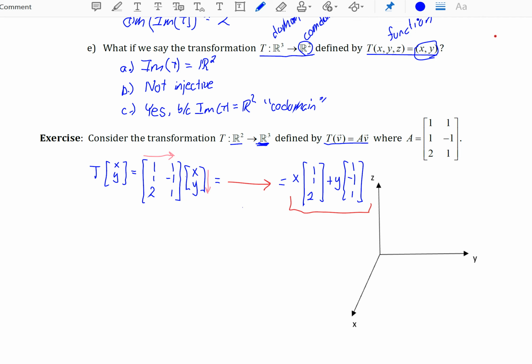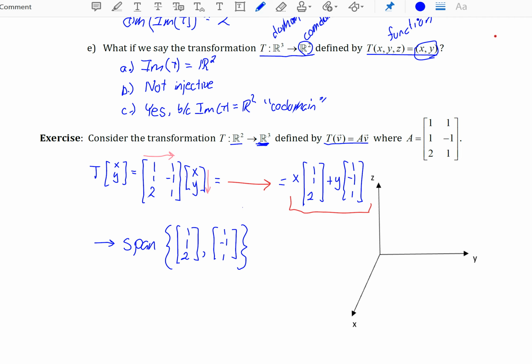Now, using this terminology, another way to talk about the image of this transformation is to say that it's equal to the span of these two vectors. Remember, the span is all possible linear combinations of our vectors.